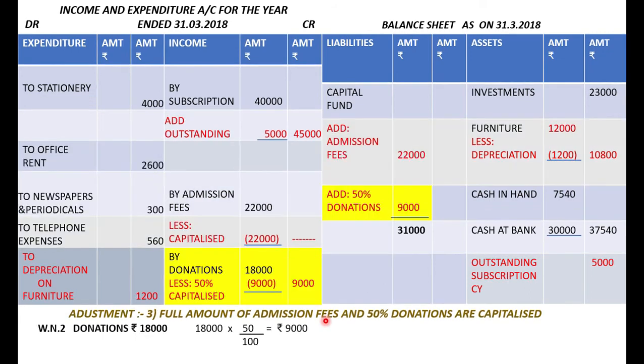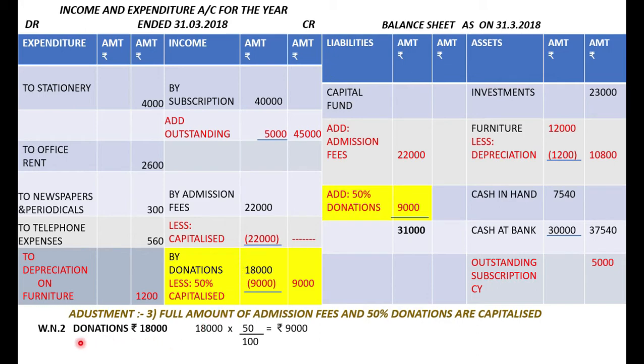Next, 50% donations are capitalized, which means only 50% of donations are transferred to capital fund. Students, on the income side of income and expenditure account, that is the credit side, we have donations 18,000. So on this 18,000, first we will calculate 50%.